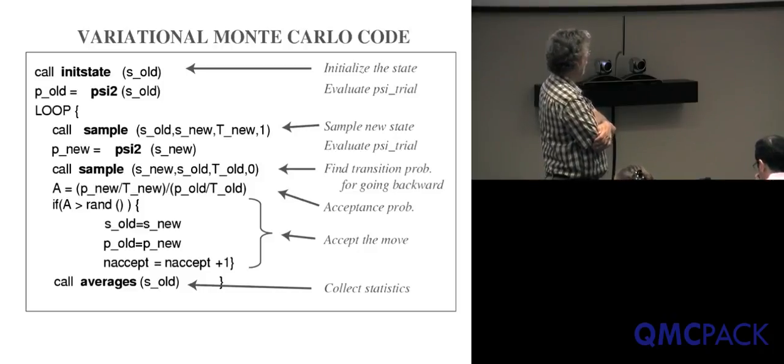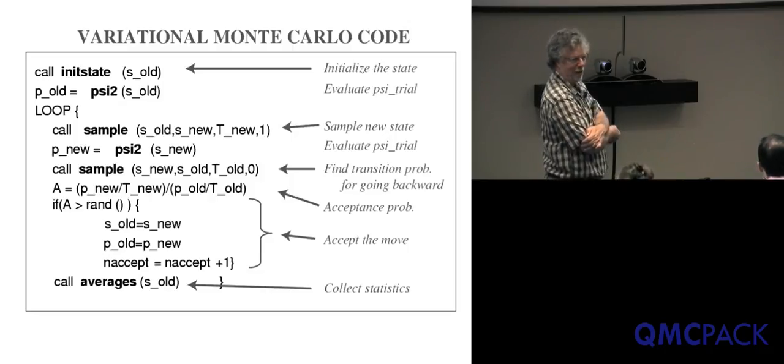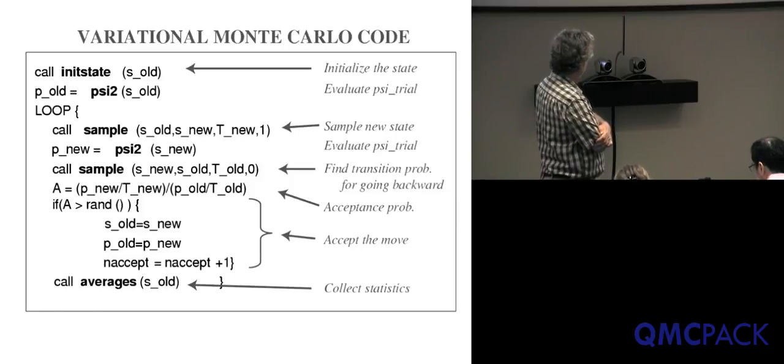Obviously, this would run at a gigaflop, except you have to go off and compute psi squared, and that's a much slower operation. But everything's the same. You have to have a function that computes the wave function. I didn't write down the averages, of course. The average you want is the local energy. That gives you the variational energy.